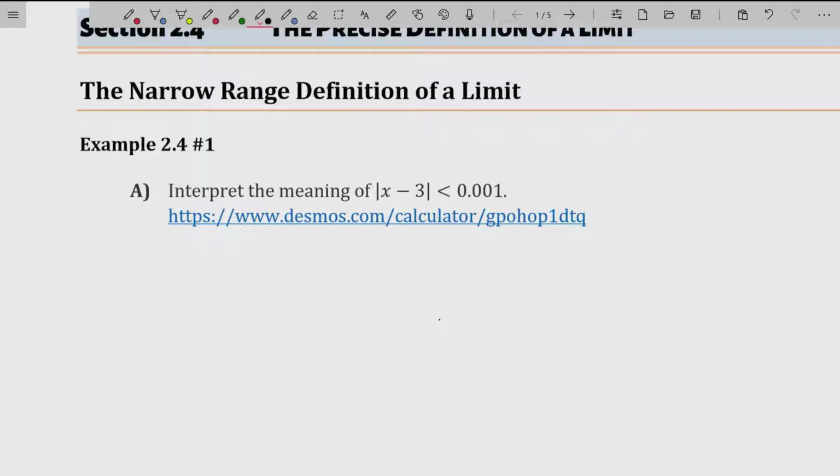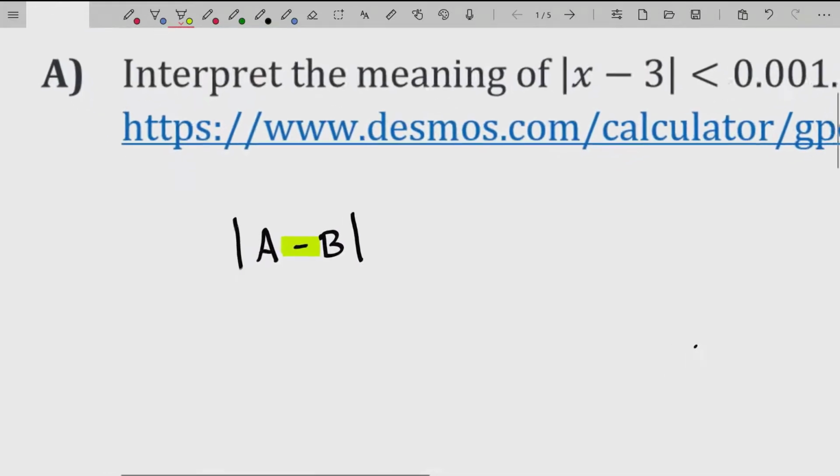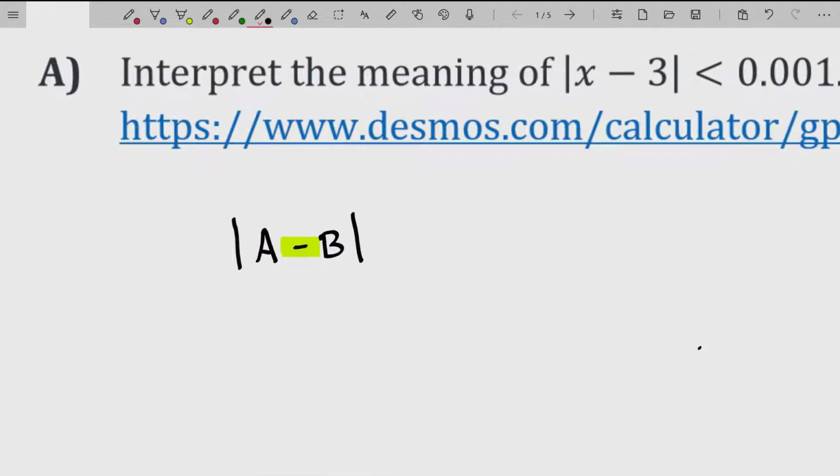So the absolute value you should have remembered from maybe your trig or pre-calculus course. If you have the absolute value of a difference, which is what this is right here, and I'm just using a and b to keep it very general, the absolute value of a difference is really just the distance between those 2 points.